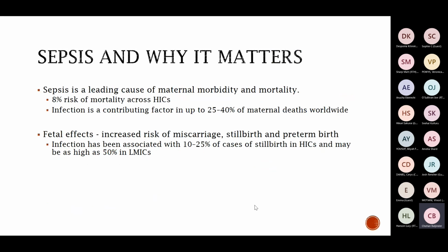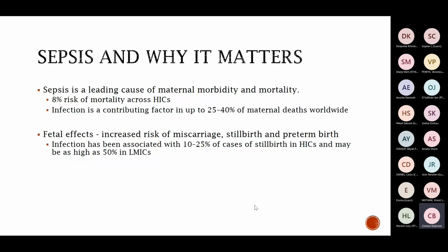As I was saying earlier, it's a leading cause of morbidity and mortality. There is an 8% risk of mortality in high-income countries, which is significantly higher in lower-income countries. About 25 to 40% of maternal deaths have infection and sepsis as a contributing factor. When we look at the risks to baby, there are increased risks of miscarriage, stillbirth, and preterm birth.